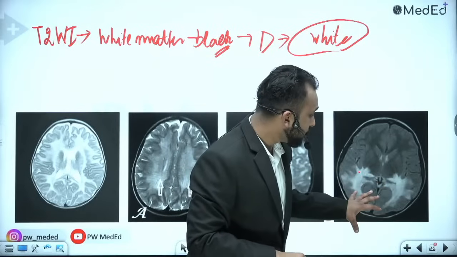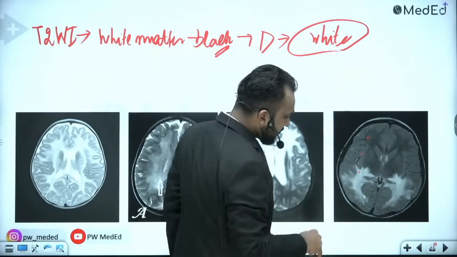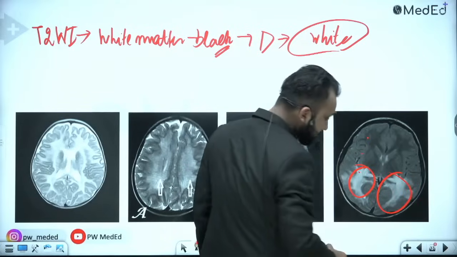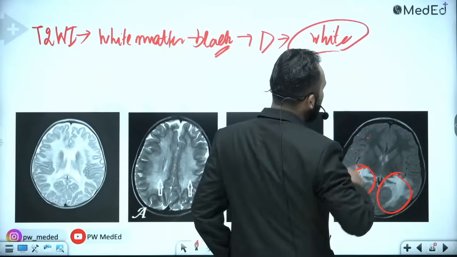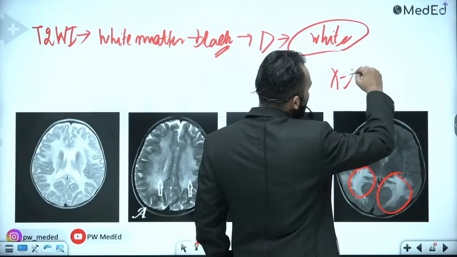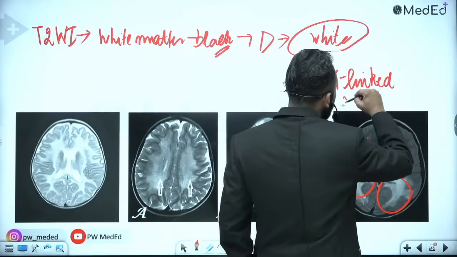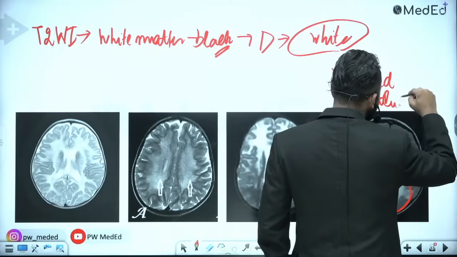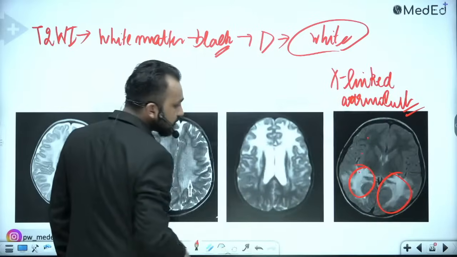This is a FLAIR image, and we can see that there is hyperintensity involving the parieto-occipital region. If it is involving the parieto-occipital lobe, it will be X-linked adrenoleukodystrophy.